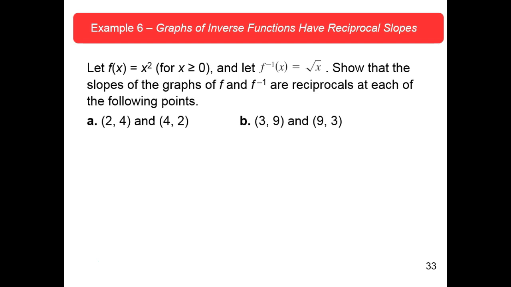Show that the slopes of the graph are reciprocals of each other at the following points. Well, you can take the derivative of this, and that would be 2x, and x equals 2. 2 times 2 would be 4. And square root of 4, that's 2. So take the derivative of that. That would be 1/2 of 1 over square root of x.